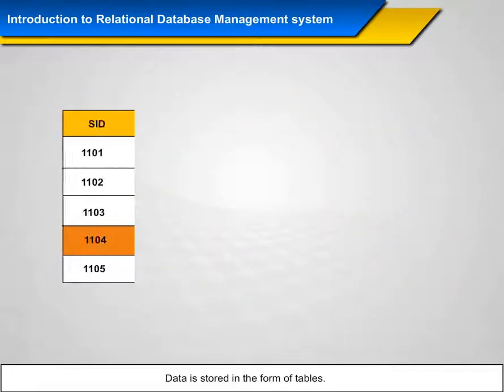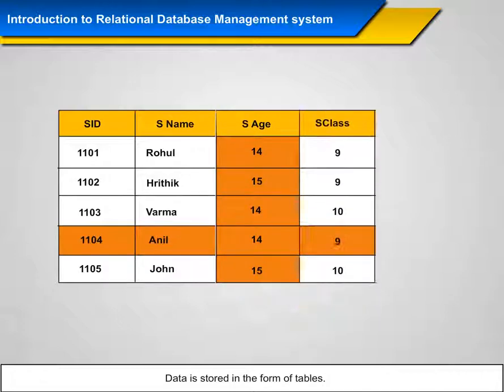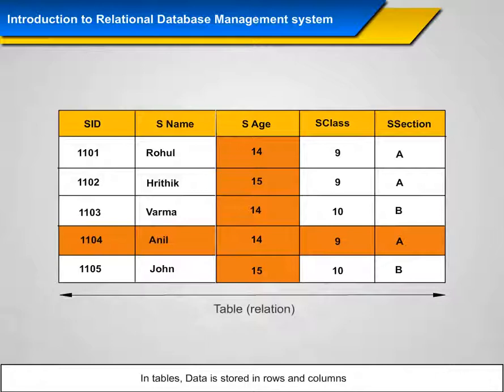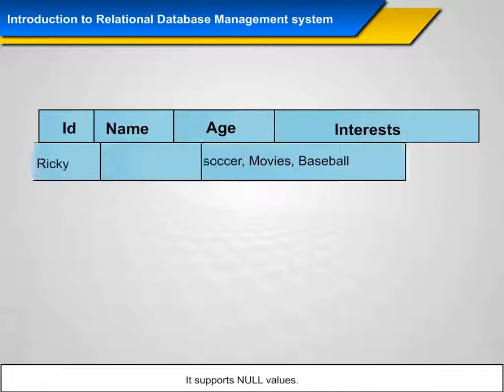Data is stored in the form of tables. In tables, data is stored in rows and columns. And RDBMS has some properties. It supports null values.